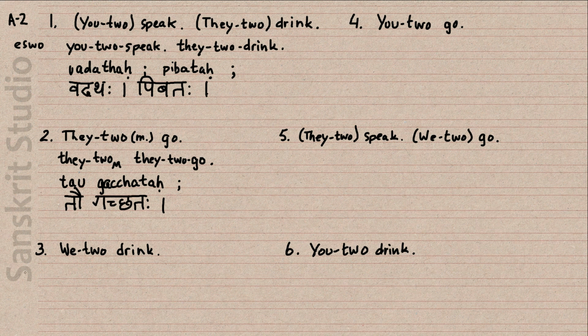Okay, we do our eswo here. And we have an explicit pronoun here, we two, so we just take that down there. And that is not gendered, so it's simple. And then we clarify the verb there with the implicit subject here, we two drink.